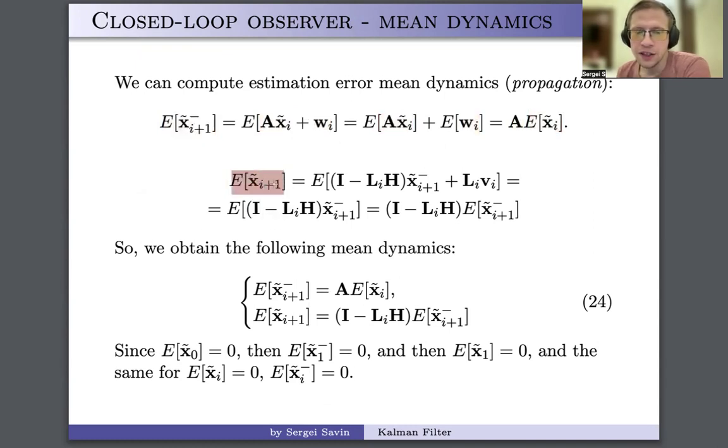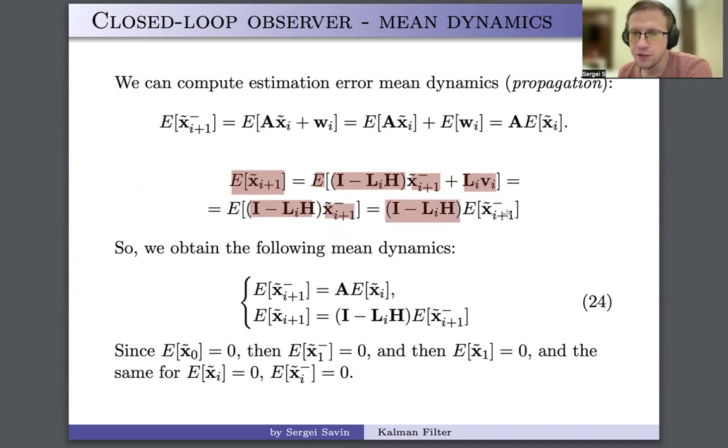Okay, this a posteriori estimate now is E of x sub I plus 1, where we have this matrix I minus LH times a priori plus L_I V_I. Well, it is a sum, so L_I V_I clearly has 0 mean because V_I has 0 mean. So it will be 0 times L, give us 0. So this goes away. So we have I minus L_I H times a priori.